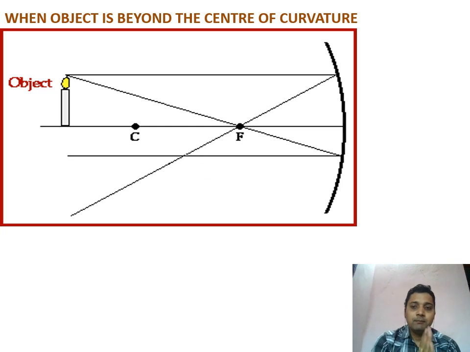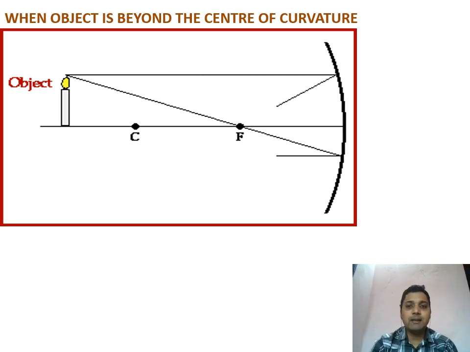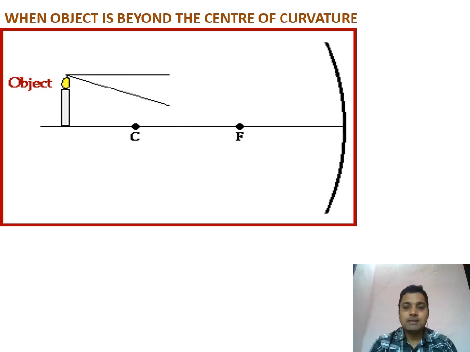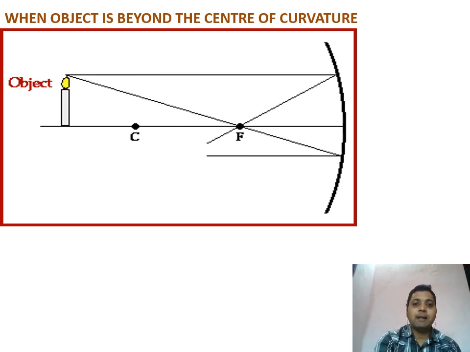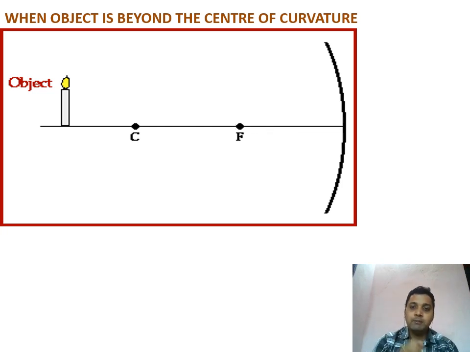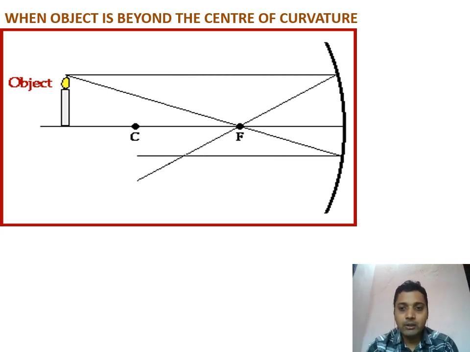If we look here, the object is back of the center of curvature, and we are taking two light rays. First, a ray of light parallel to the principal axis passes through focus. Second, a ray of light passing through focus becomes parallel to the principal axis after reflection. We have to give the arrow mark for the direction because when we draw this ray diagram, it is not an animated one.